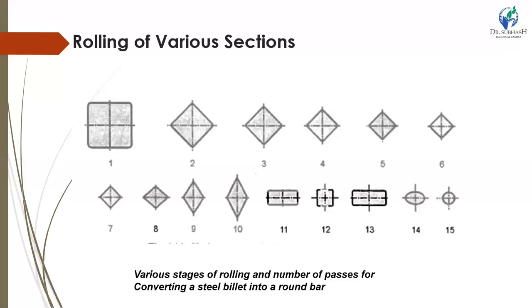The slab has a rectangular cross section with a minimum width of 250 mm and minimum thickness of 38 mm. So this is the sequence 1 to 15. From the start of the billet we have steps 1, 2, 3, 4, 5. In the last step we get a round bar from this square section.